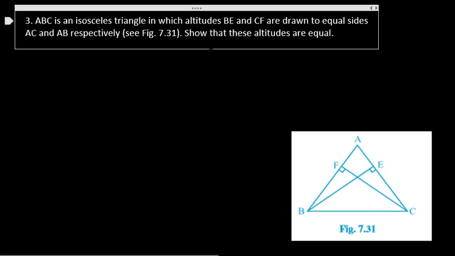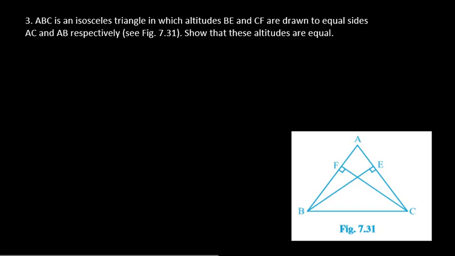ABC is an isosceles triangle in which altitudes BE and CF are drawn to the equal sides AC and AB respectively. Show that these altitudes are equal. So here we have to show that CF and BE are equal. Let us first write what is given.